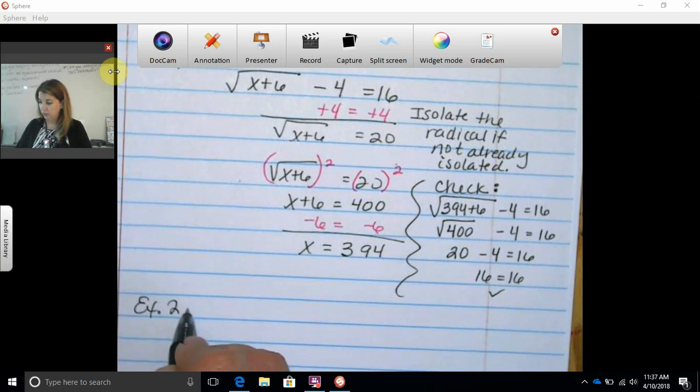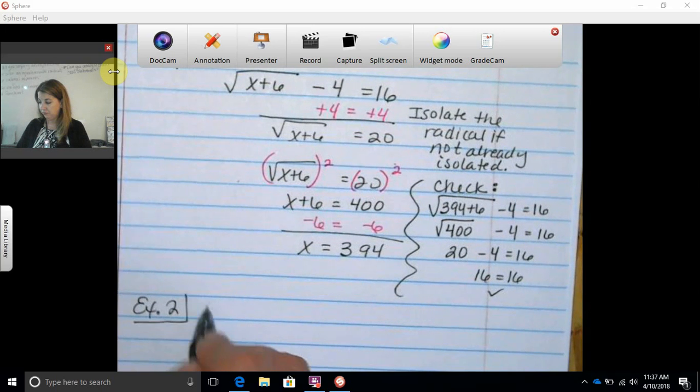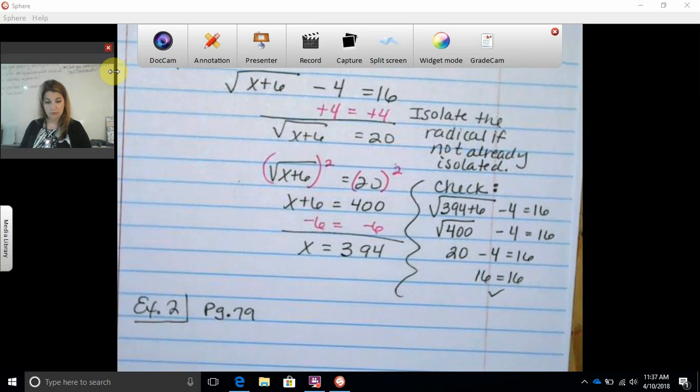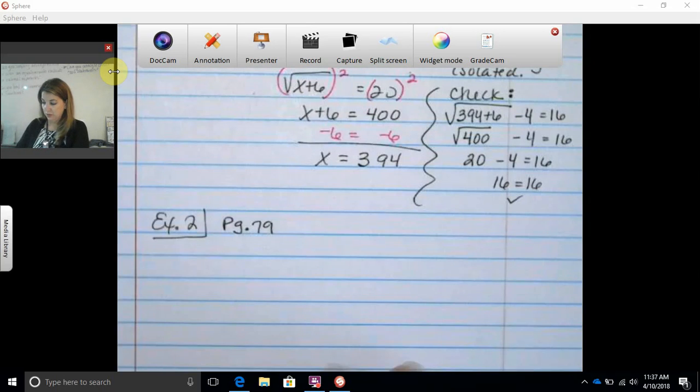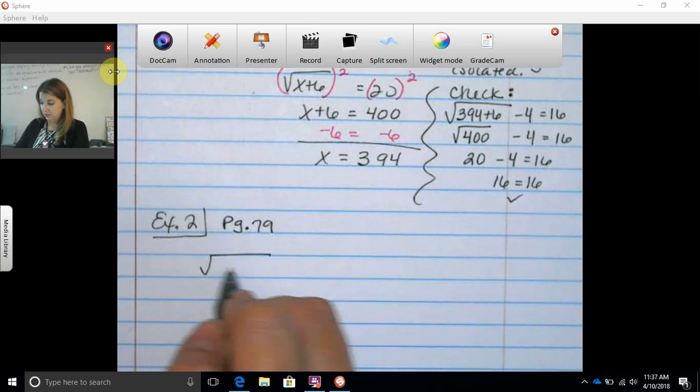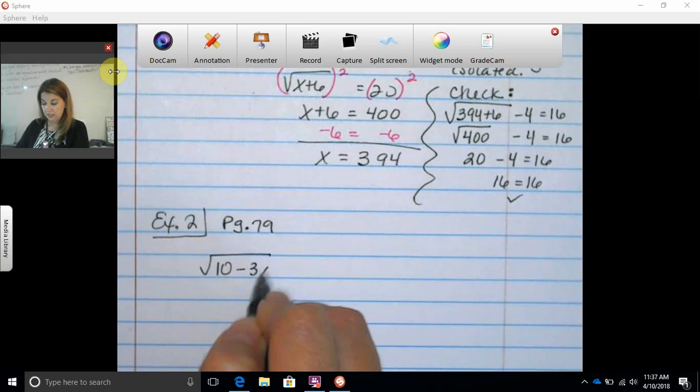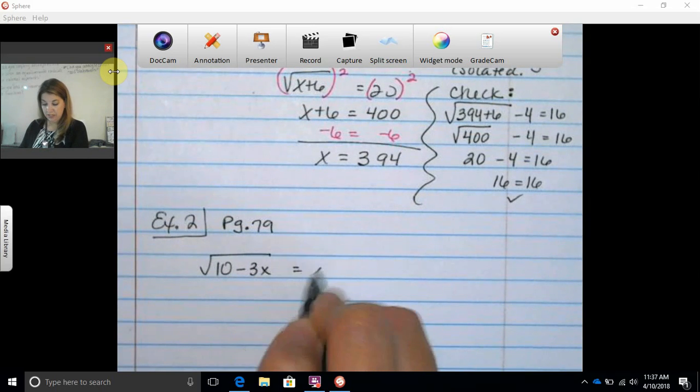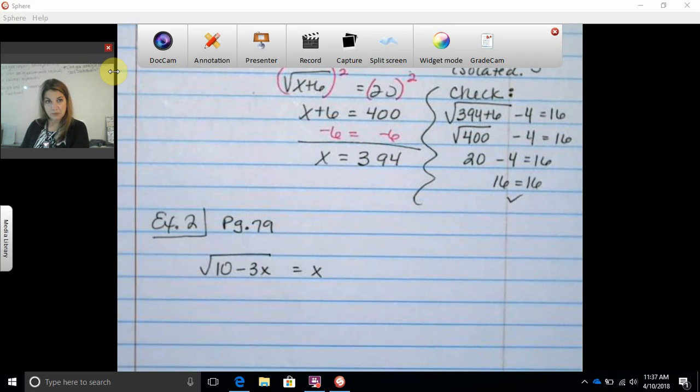All right, example 2. Same page. We're still on page 79. Example 2 says the square root of 10 minus 3x equals x. All right, we have a radical equation.